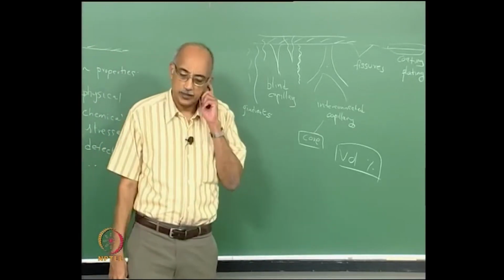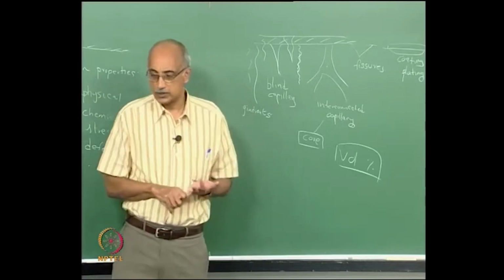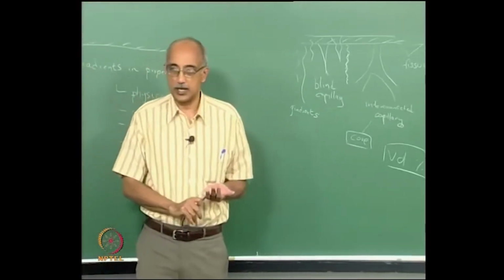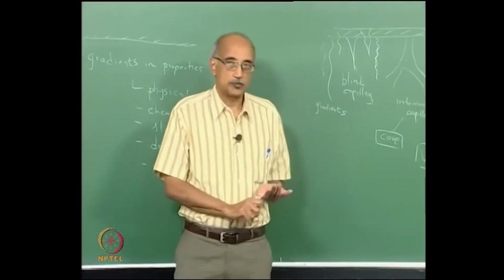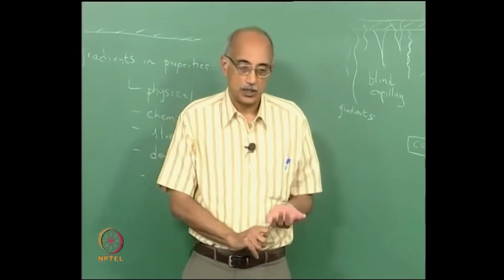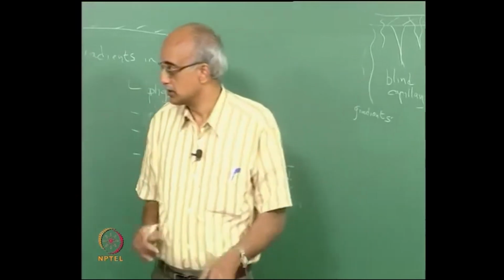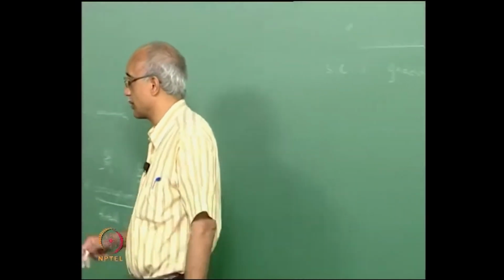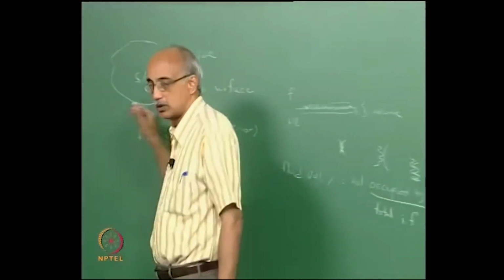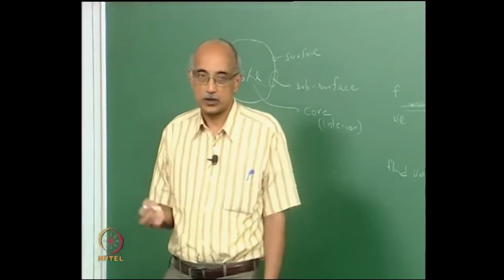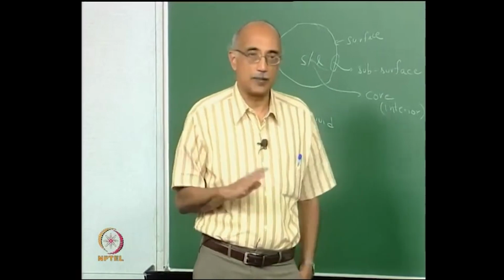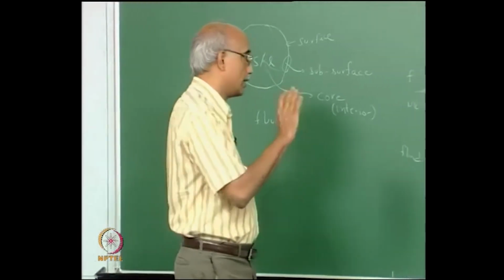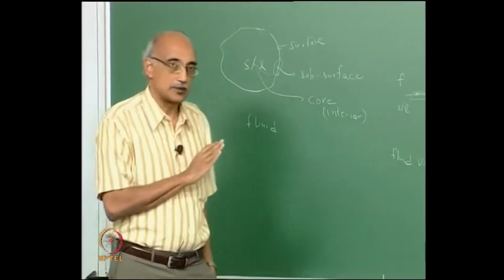So the surface and subsurface are actually very similar in character, except that there is a gradient of properties between them. However, the third component of the particle, which is the core or the nucleus or the interior of the particle, is distinctly different in its properties compared to either the surface or the subsurface.